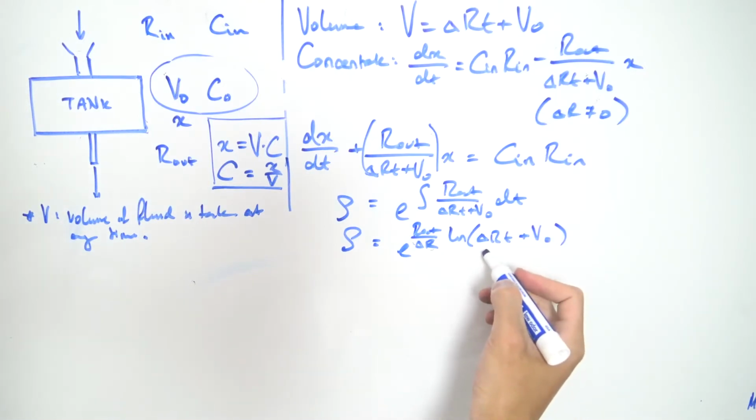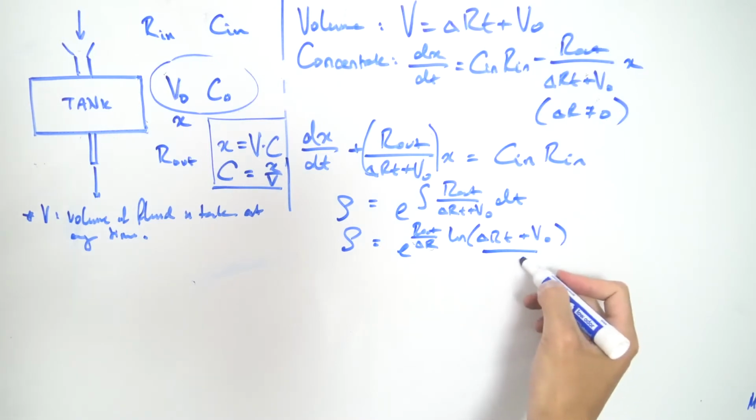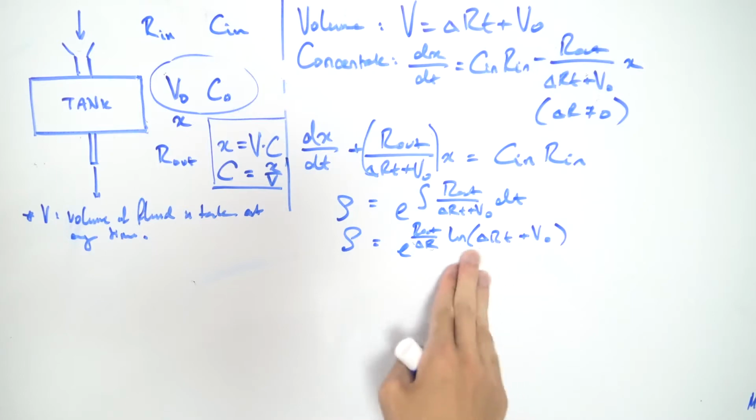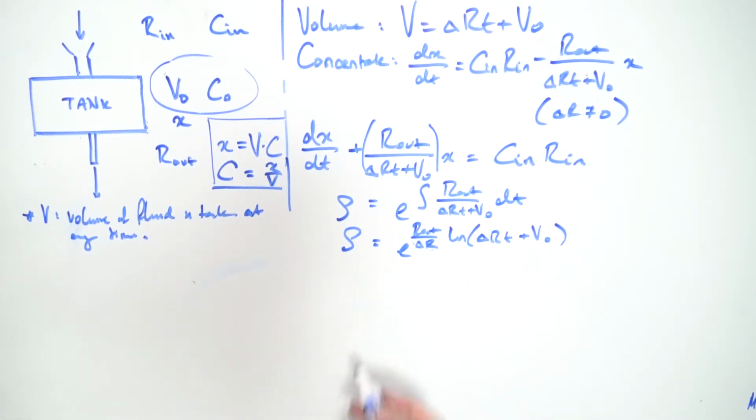Because notice this inside over here, that's exactly V, as we said before, and it doesn't really make sense if V is negative. So we're going to assume it's positive, so we don't need the absolute value sign.